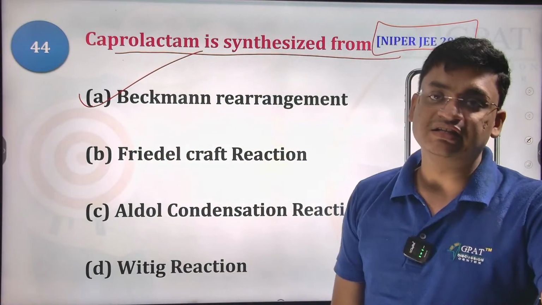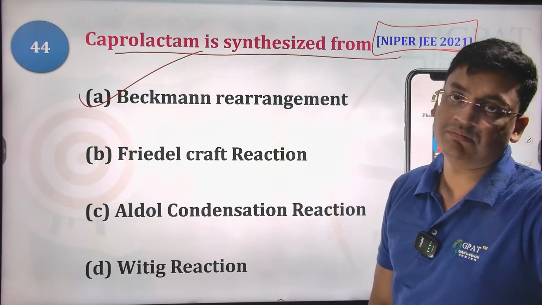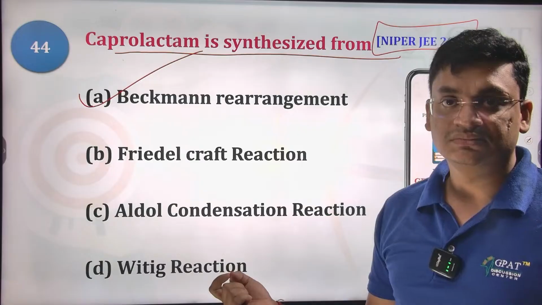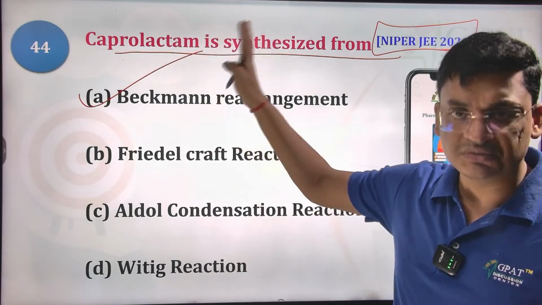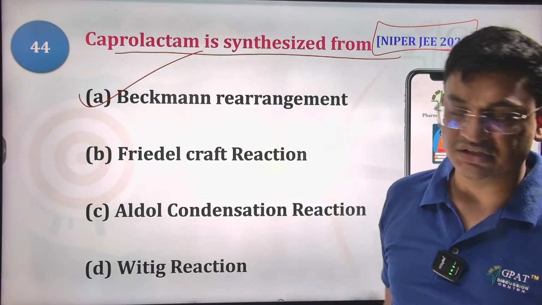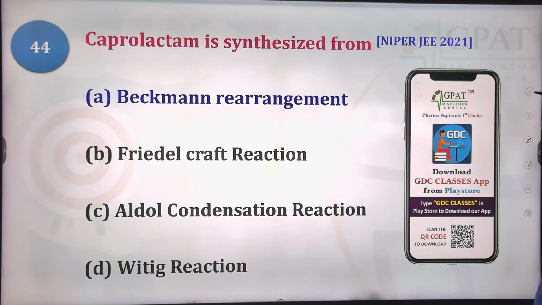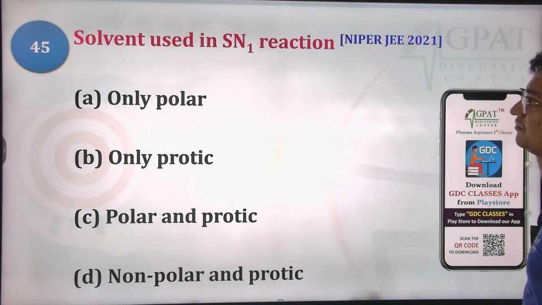When we are rearranging the ketoxime in the presence of an acid into caprolactam, the formation of this cyclic amide is seen, and this is all related to the Beckmann rearrangement.